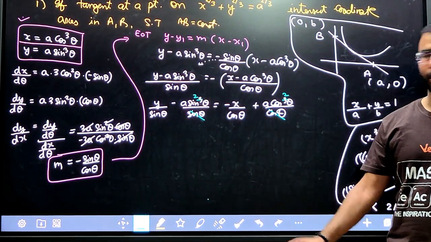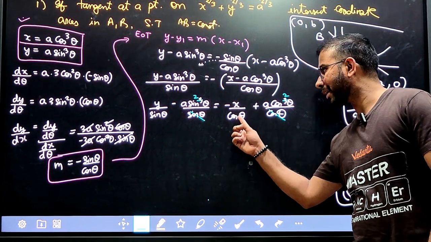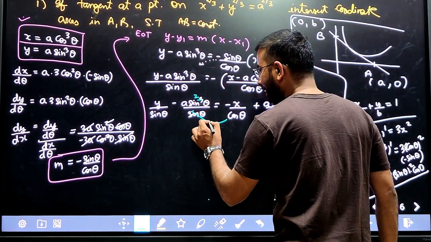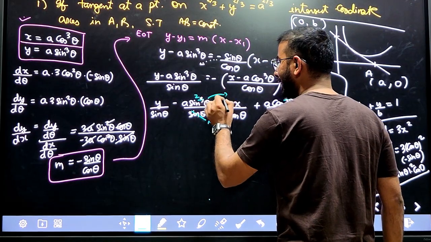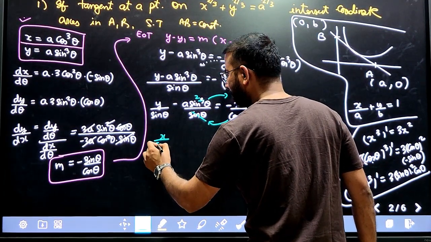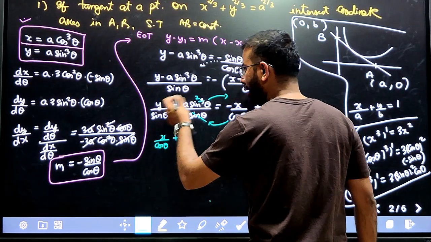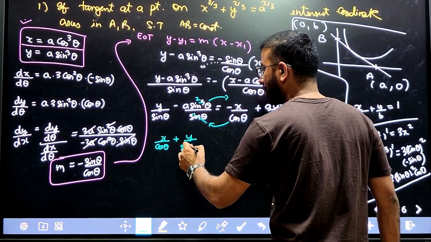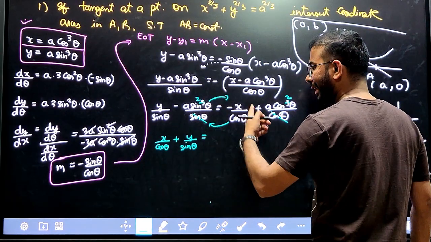Okay, easy. Now this is minus x by cos theta. It will become plus, so I'll take this on the other side. So what I'll get is plus x by cos theta plus y by sine theta is equal to, now I'll take this on the other side.